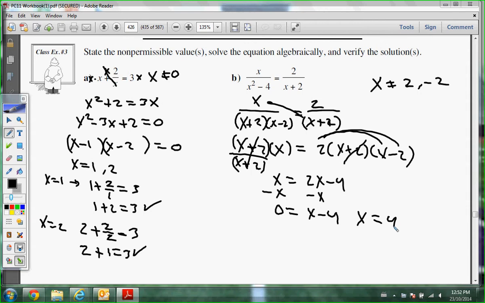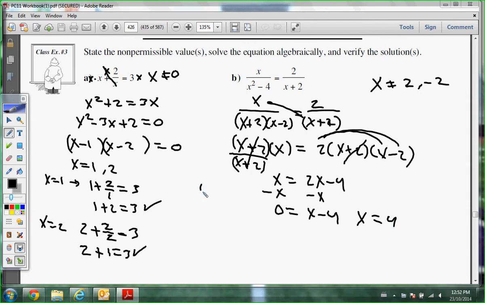Okay. Let's see here. I'll just stay with what I've done. It's fine. This is good. All right. So 4 is not non-permissible, so we can plug that in real quick.